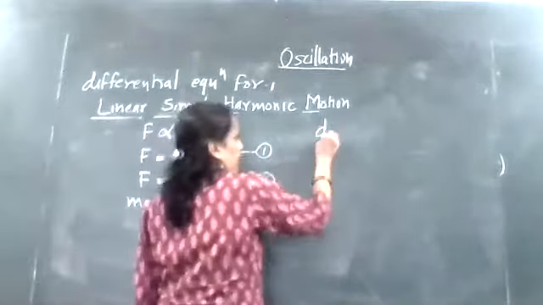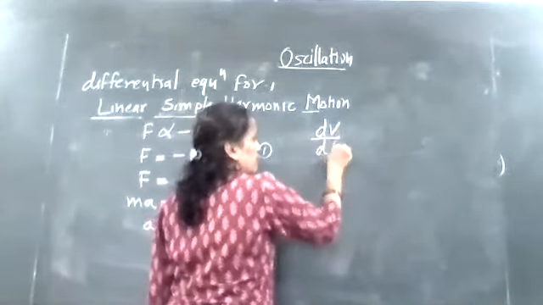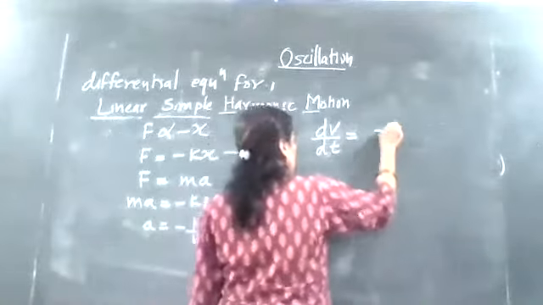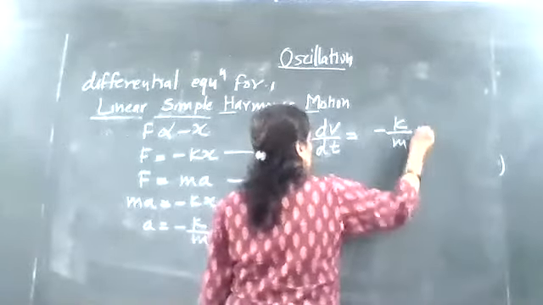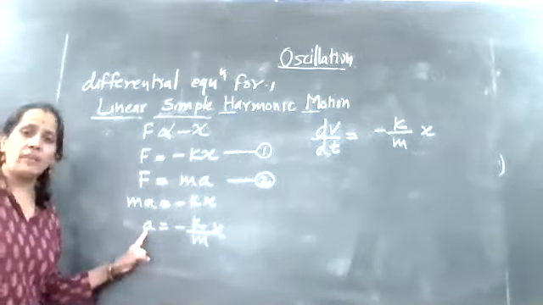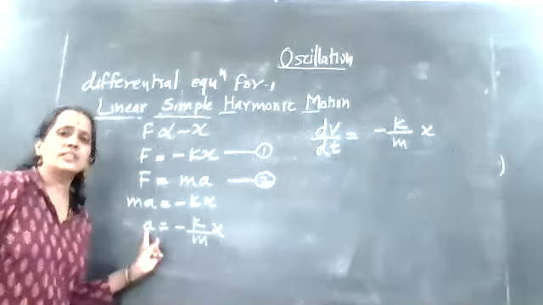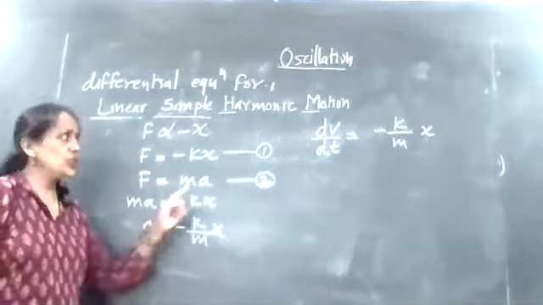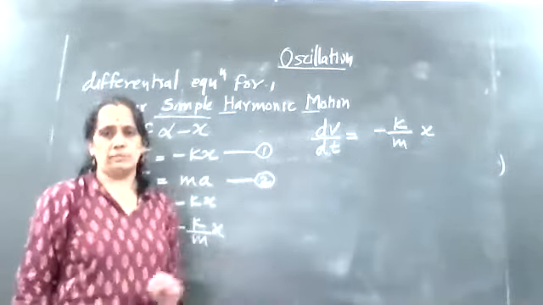Now, acceleration can be written as dv by dt, which is equal to minus k by m into x. So instead of acceleration, I have written this formula. Acceleration is defined as rate of change of velocity with respect to time.